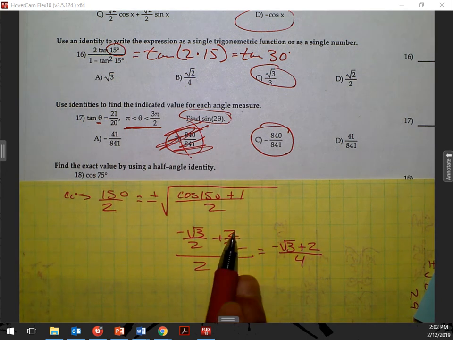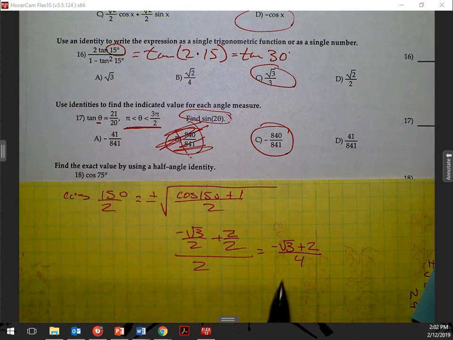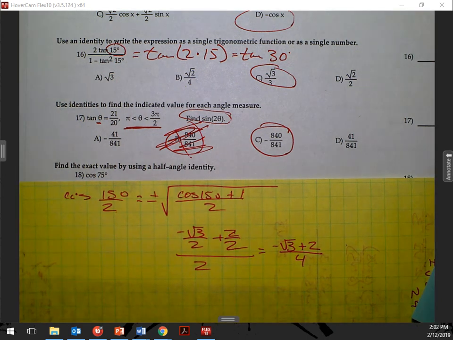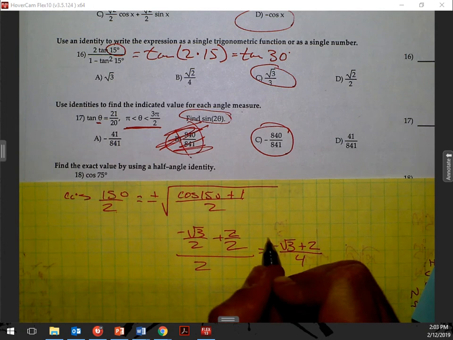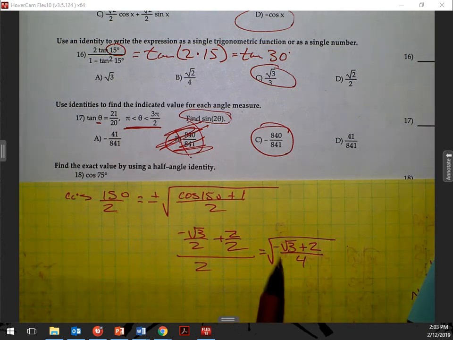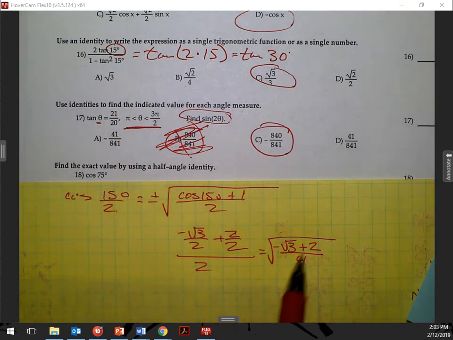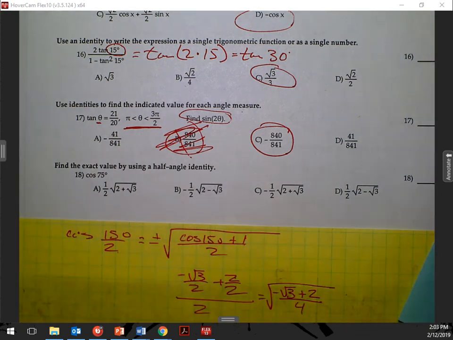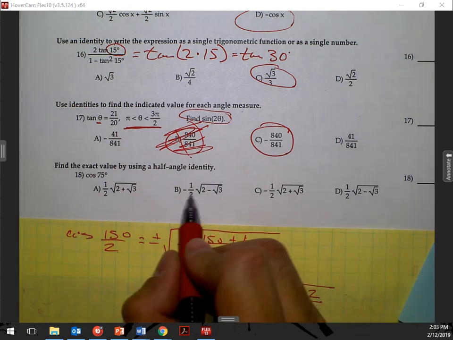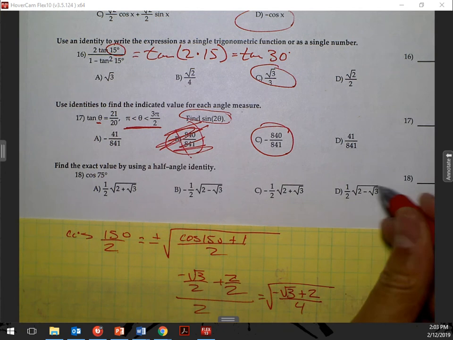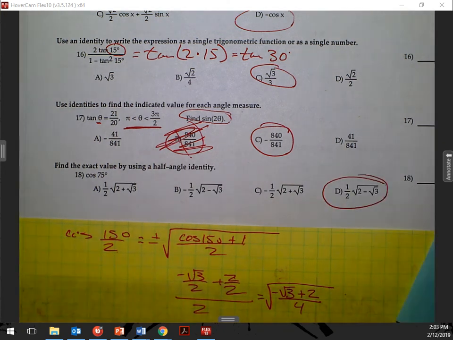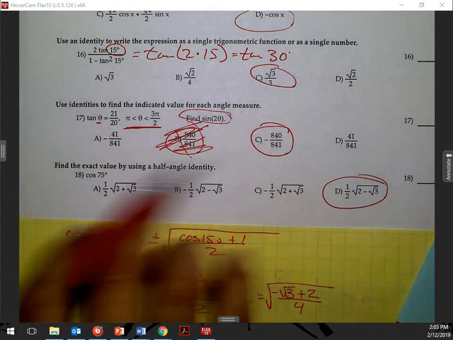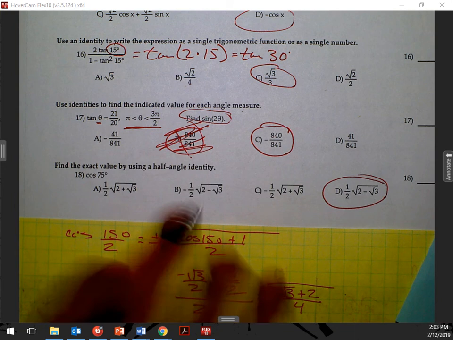Where'd you get the 2 over 2? What's 2 divided by 2? It's 1, right? And then there's still plus or minus right here. So it's going to be 2 minus rad 3 all over 2. And this is positive. There we go. Could I have just put that in my calculator in degree mode and just check each answer?